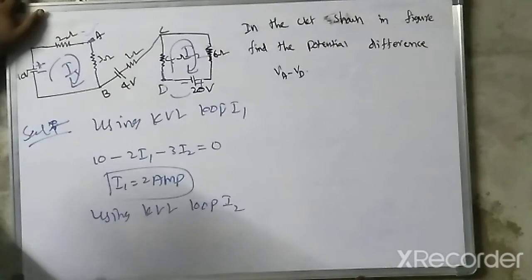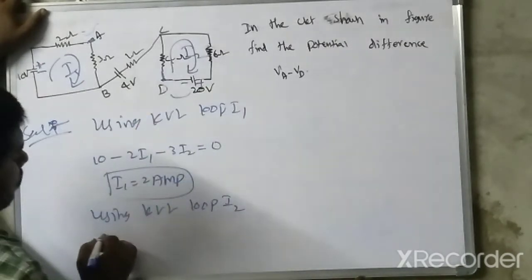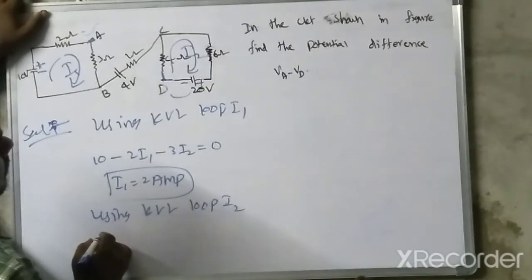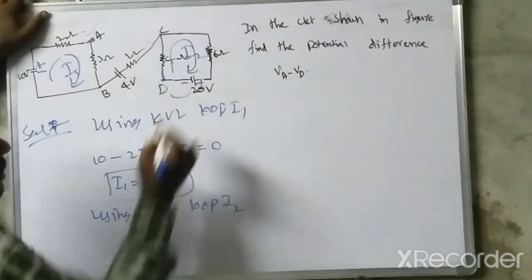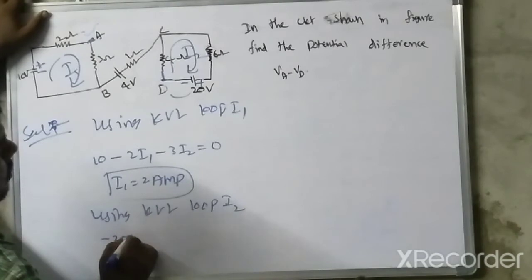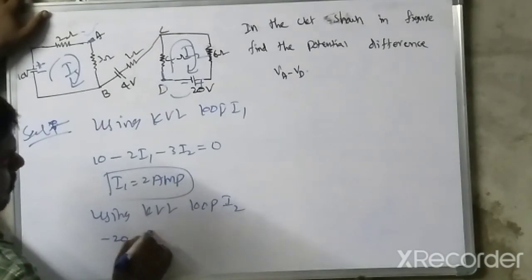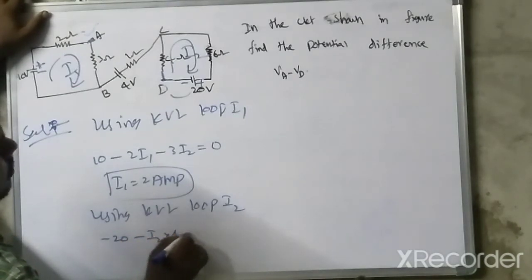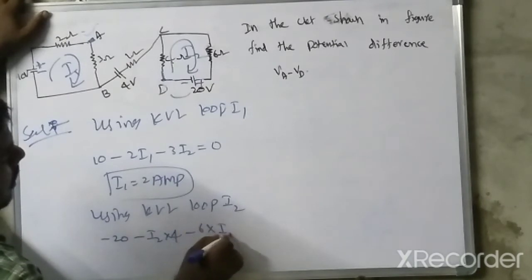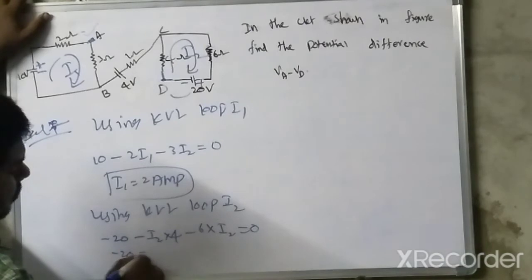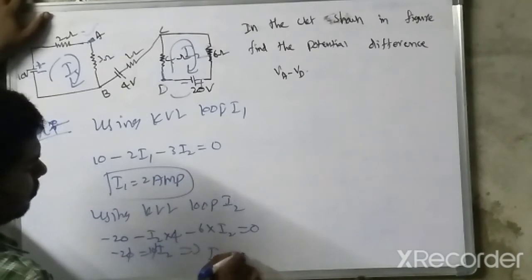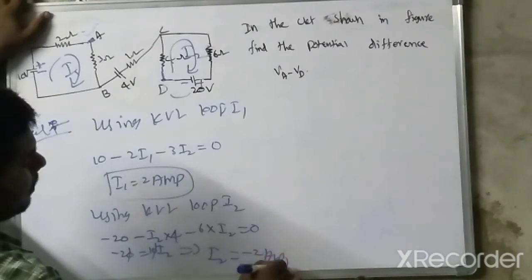So in this loop, from positive terminal to negative terminal: minus 20 volt minus I2 into 4 minus 6 into I2 is equal to 0. Total minus 20 is equal to 10 into I2, so I2 is equal to minus 2 ampere.